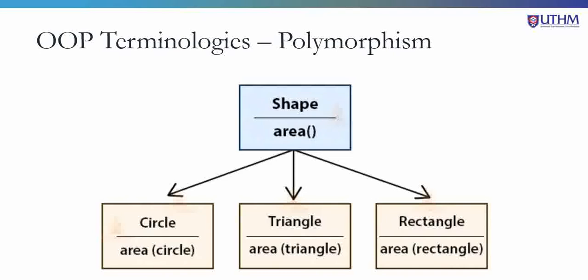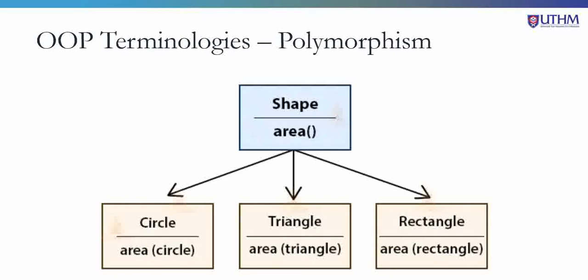Let's say we have a parent class of shape, and then we have a bunch of child classes: circle, triangle, rectangle. All of these classes inherit shape. In shape, we have a method named area. Same goes for all of the child classes: circle has area, triangle has area, rectangle has area.